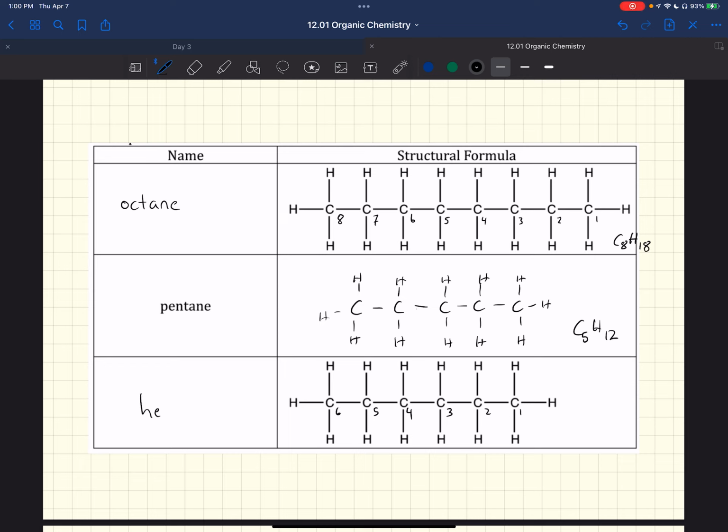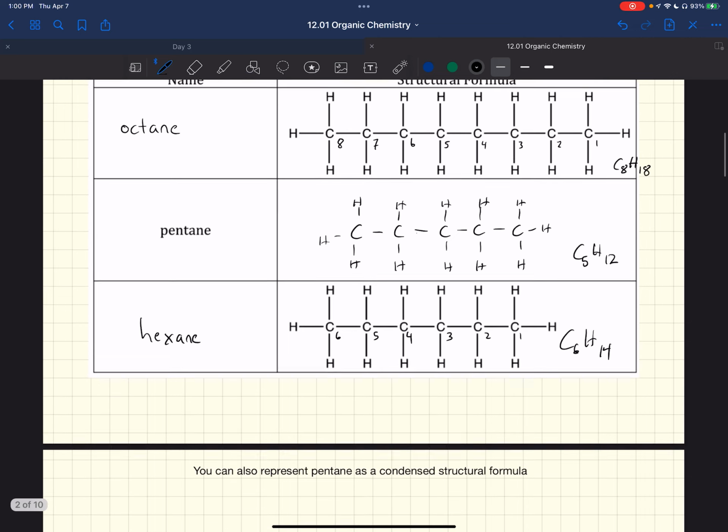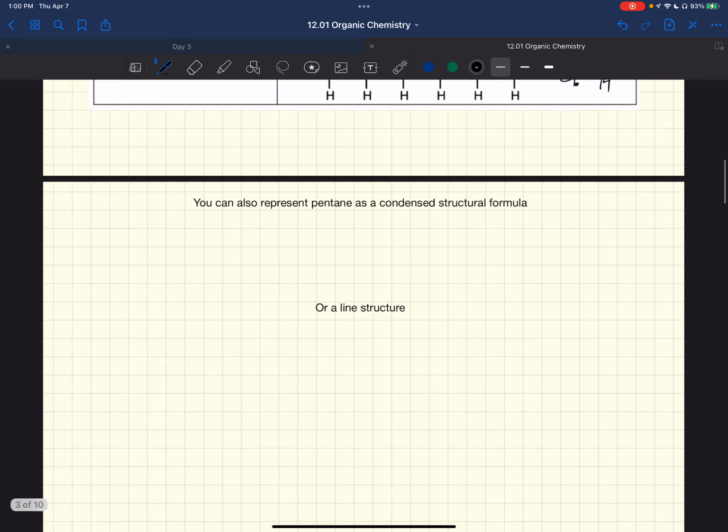And this is 1, 2, 3, 4, 5, 6. So this is hexane. And C6H14. So hopefully you were able to get all those pretty easily.